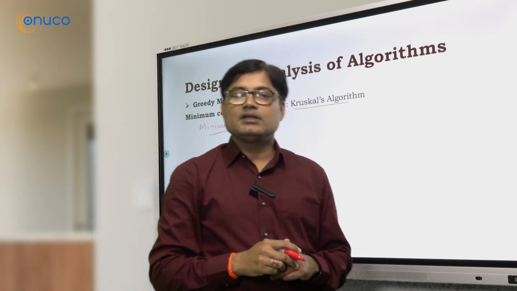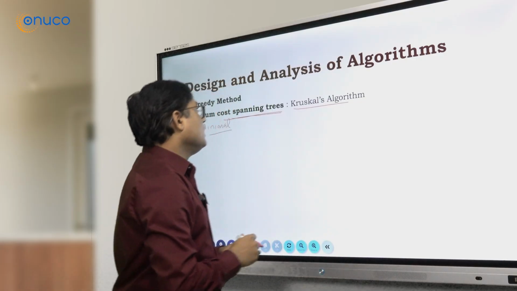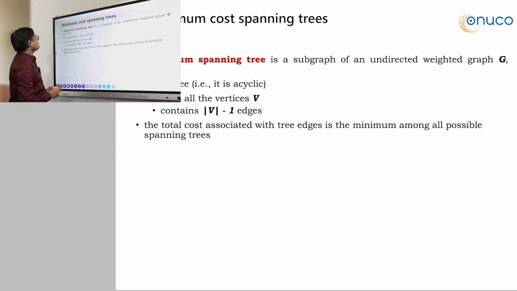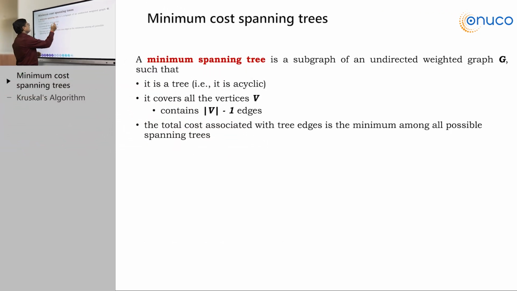We have discussed in detail what spanning trees are, friends, and how to find minimal spanning trees, right? Again, this spanning tree is from an undirected weighted graph. It is a tree, an acyclic graph, having n vertices and n minus 1 edges.